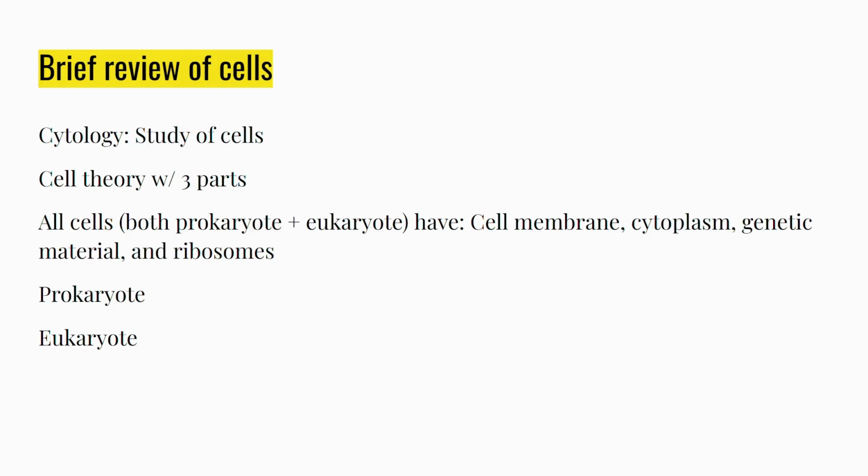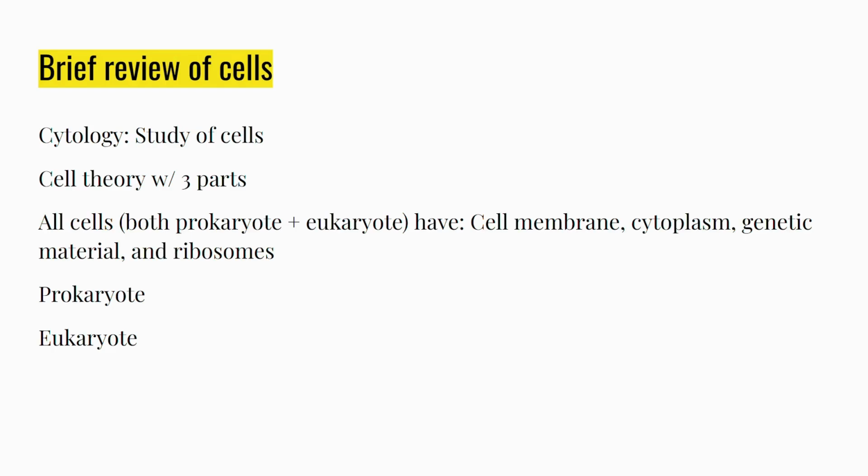Another thing to note, all cells, both prokaryote and eukaryote, have cell membranes, cytoplasm, genetic material, and ribosomes. So this is all cells. And then let's do a quick review of what a prokaryote is. A prokaryote has no internal compartments.